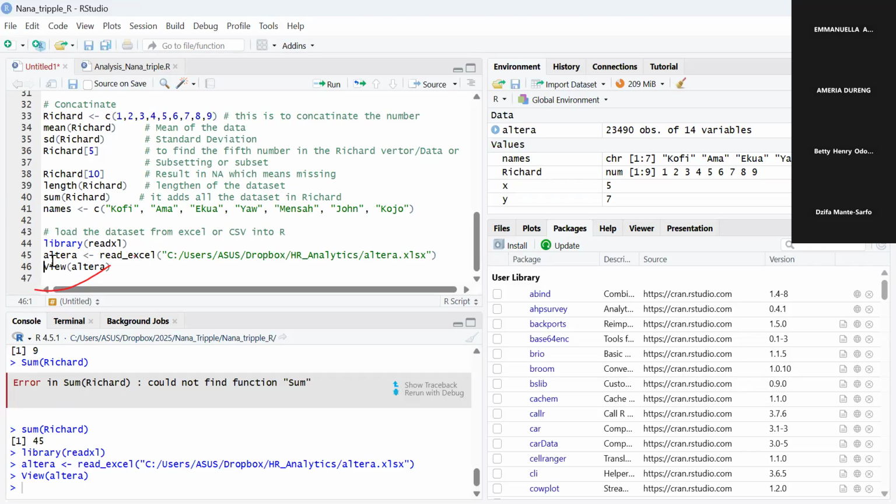Now, Prof, sorry to cut in. Please, I noticed that after pasting, you deleted the symbol. Yeah, delete the greater than sign. Please delete it so that you just run it this way. Now, have you saved it? Yes, Prof. Thank you.